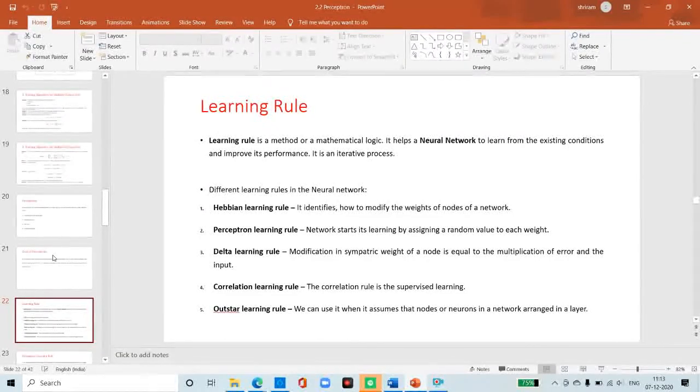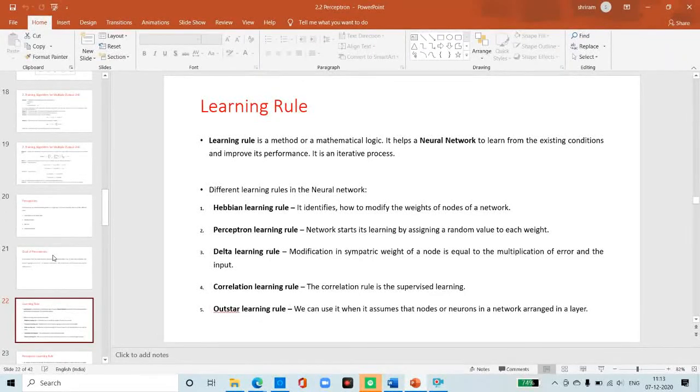The fourth one is the correlation learning rule, which is supervised learning. Then the Outstar learning rule, which we can use when it is assumed that the nodes or neurons in a network are arranged in a layer. These are the different learning rules used in a neural network.